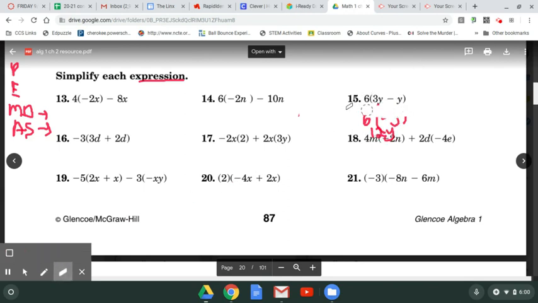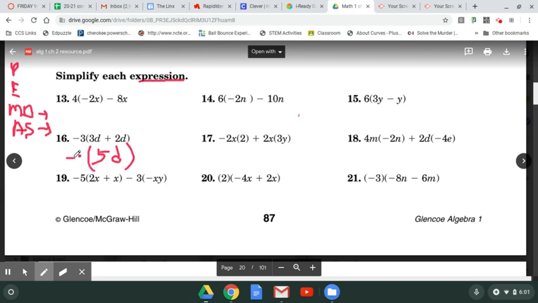Now, number 16. We have negative 3 times 3d plus 2d. Can we do the parentheses? Are those like terms? Can we combine them? Yes, we can. 3d plus 2d is 5d times negative 3.